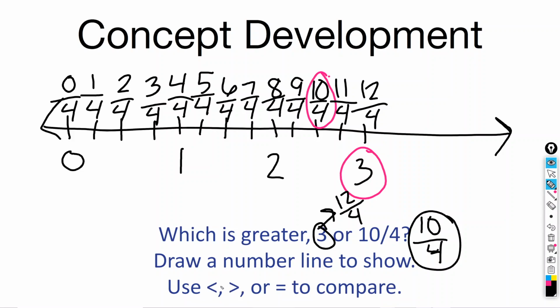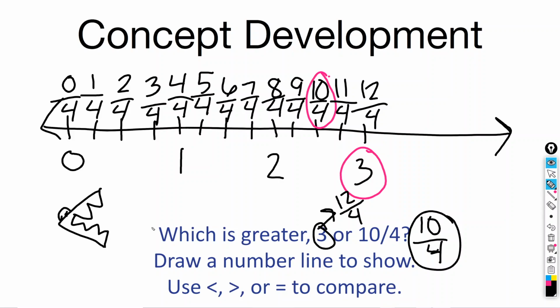The way that you can remember these two symbols is that it's kind of like a crocodile. Okay, so I'm going to draw it a little bit bigger over here. Here's the crocodile, and it's eating. There's its eyes, okay? And the crocodile always wants to eat the bigger number. So the open part is always going to be next to the bigger number, because the crocodile wants to eat the bigger number.